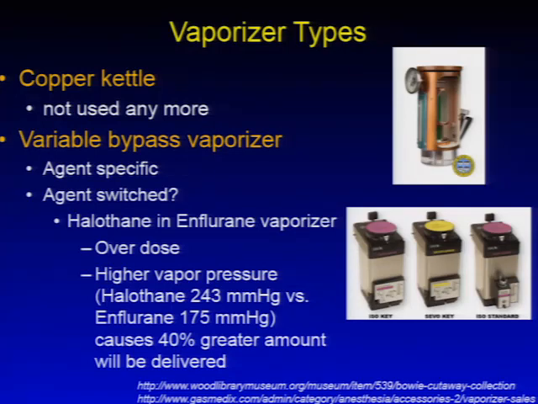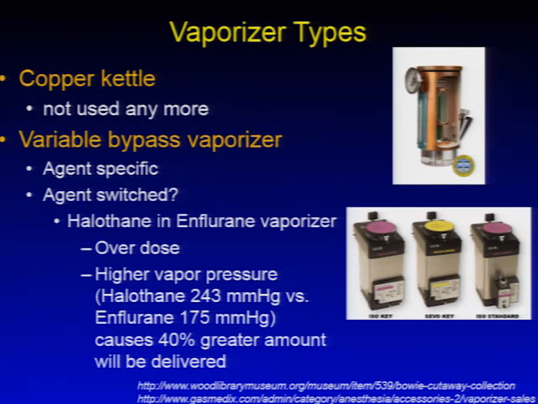So if you switch the agent from one vaporizer to the other, what would happen? For example, if you mistakenly provide the halogen in the effluent vaporizer, this is what happens: an overdose. Why?